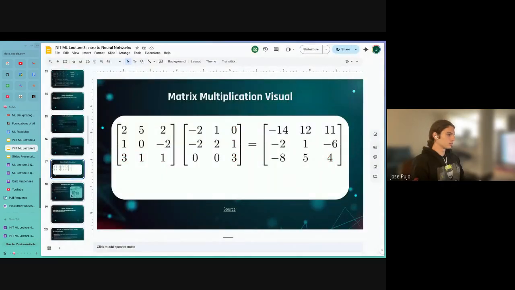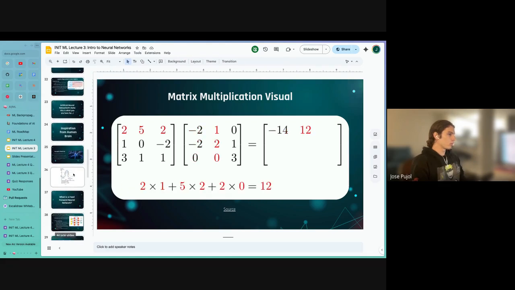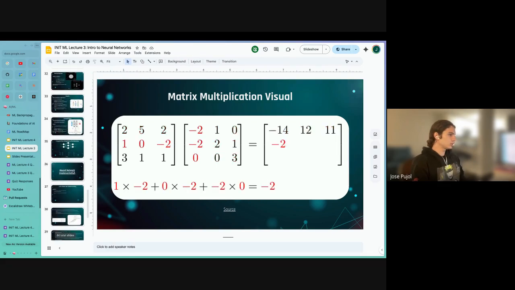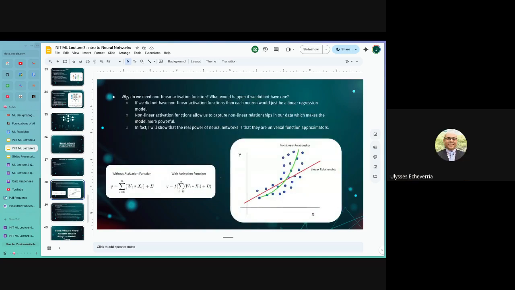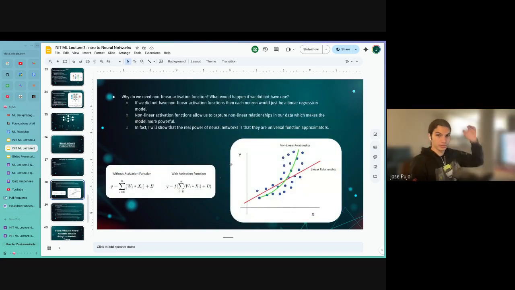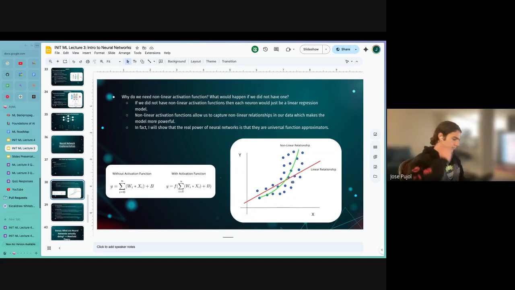So recall that, what do we need activation functions for? It adds non-linearity, it allows you to fit nonlinear relationships as well.